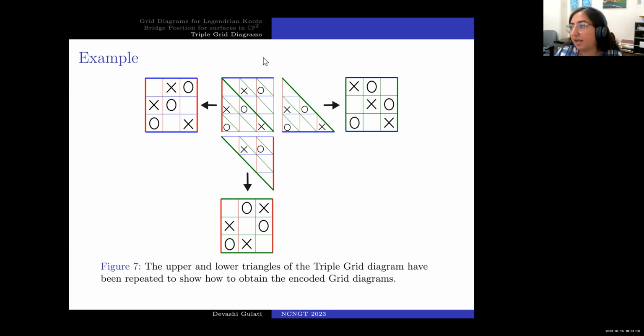In the center, we have a triple grid diagram, which is on a torus. To get the red-blue grid diagram, all we need to do is forget the green lines, as you can see on the left.